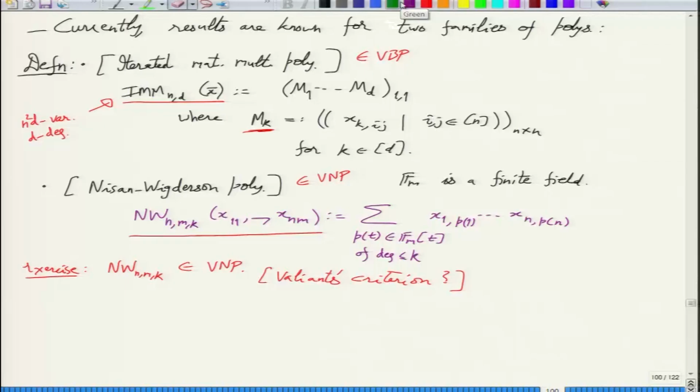Using those NP-hard algorithms, if you can extract the coefficient of a given monomial, then that polynomial is in VNP. So it's a pretty useful criterion. In particular, it will immediately follow that NW is in VNP. And it's an open question whether anything better holds.